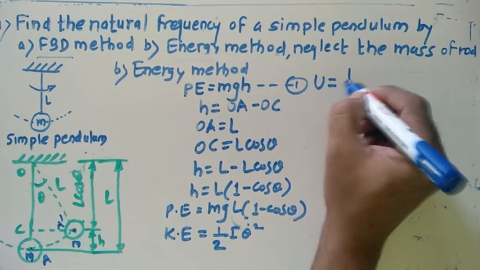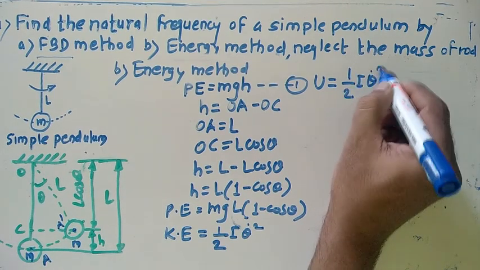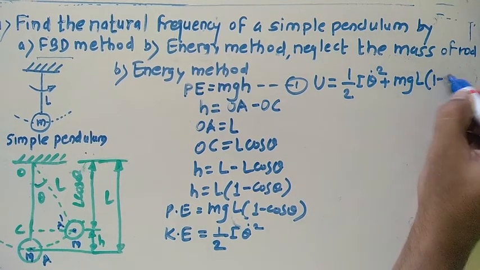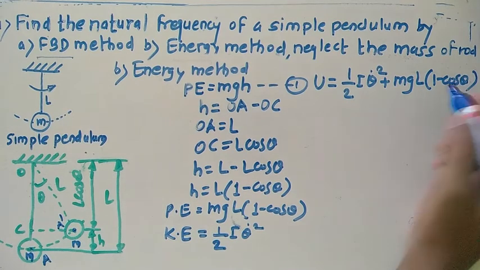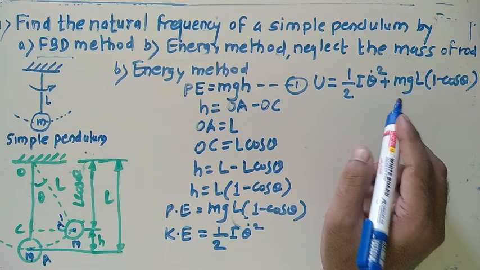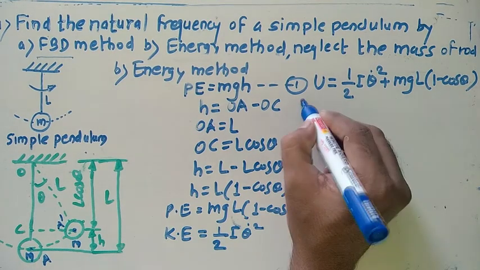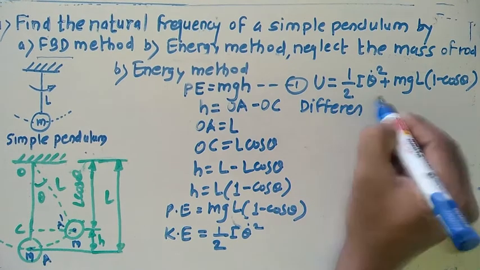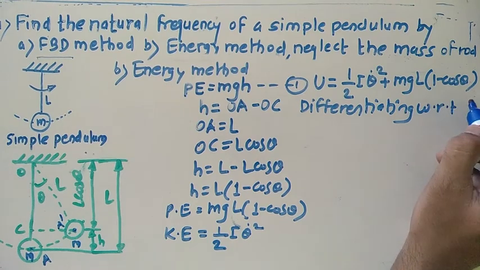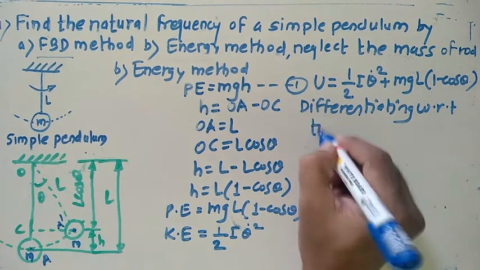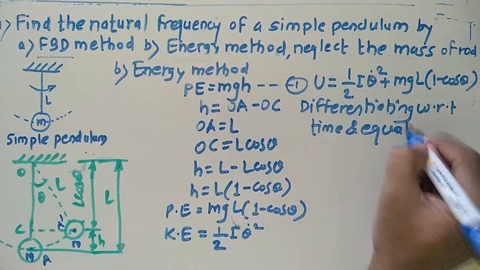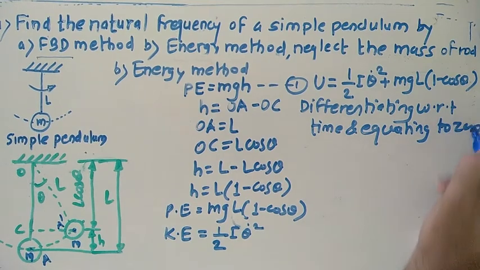Total energy is nothing but the addition of kinetic energy and potential energy, with the term 1 minus cos theta. We can easily differentiate this to get the relation for the natural frequency, so differentiating with respect to time t and equating to 0.